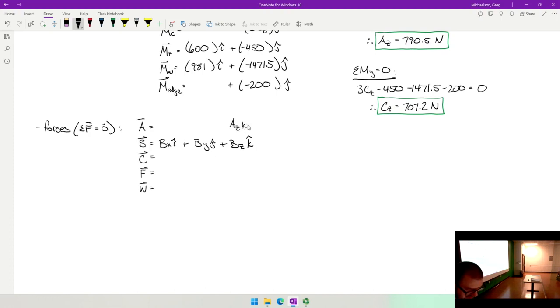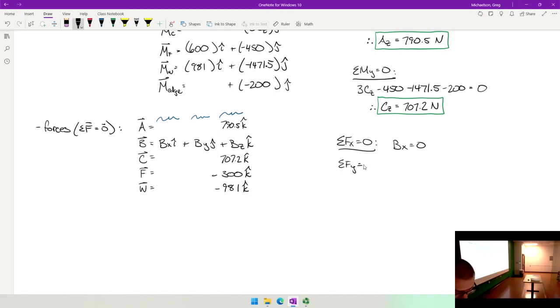Now A was Az times k, but we just figured out what Az was. Az is 790.5. Cz is 707.2. F was minus 300. And this is minus 981. So again, column by column, summing forces in the x, we find that Bx is 0.